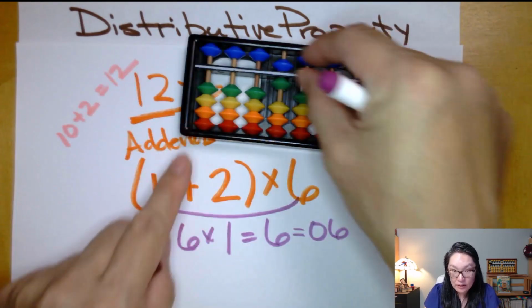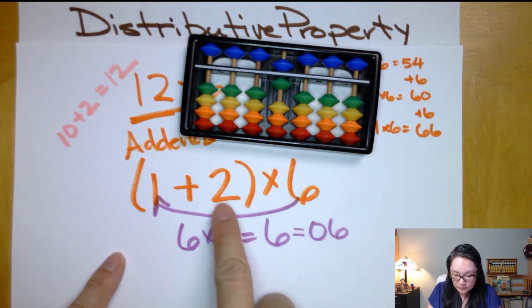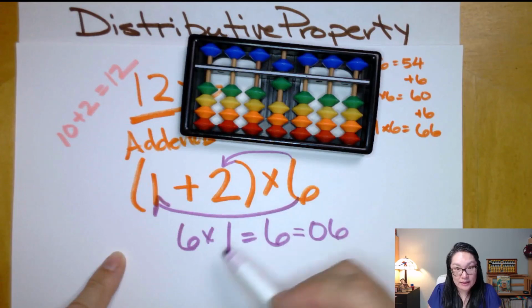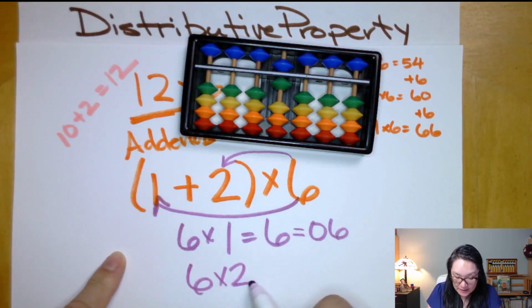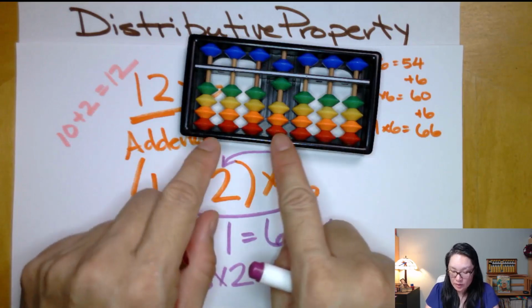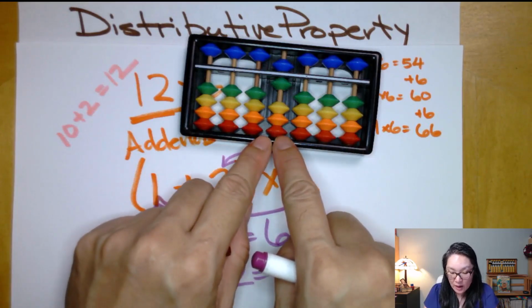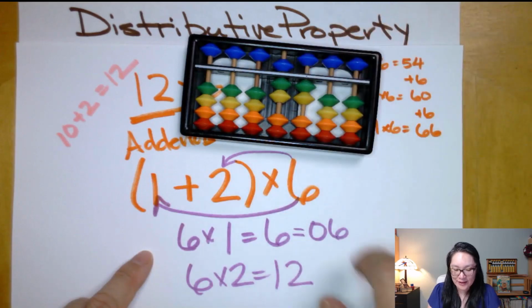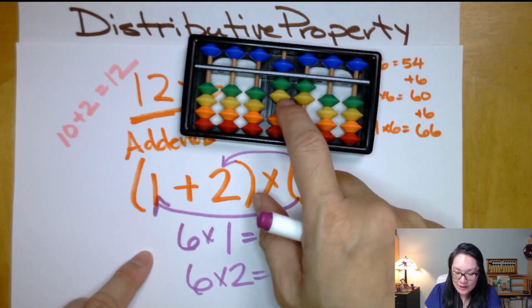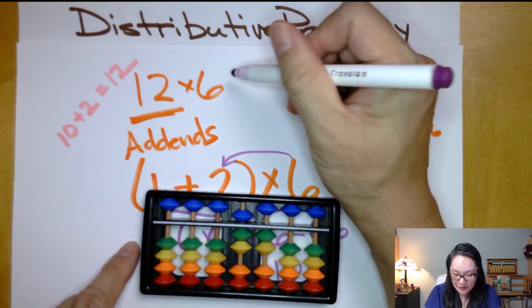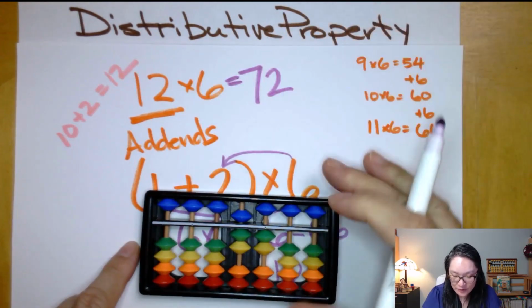So here I'll add my 6. Next, we go 2 times 6. 2 times 6 is equal to 12. 12 is a 2-digit number, so all we've got to do is add 12: plus 1 here, plus 2, because it's 12. So it's 72. My answer here is 72.